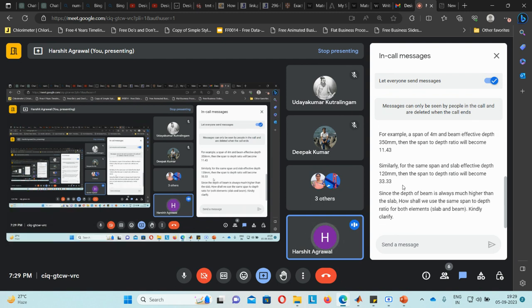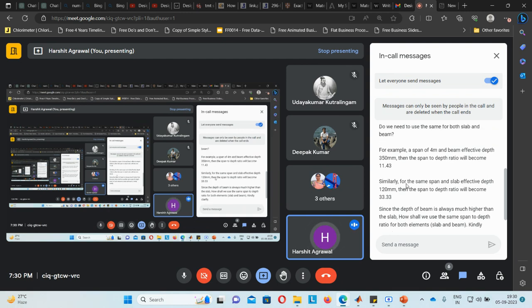When we talk about beam, the depth of the section is so much that we don't need to worry about the deflection much. Generally, as per me, we don't check for beam. We check for slab only since the depth of the section is very small in slab.